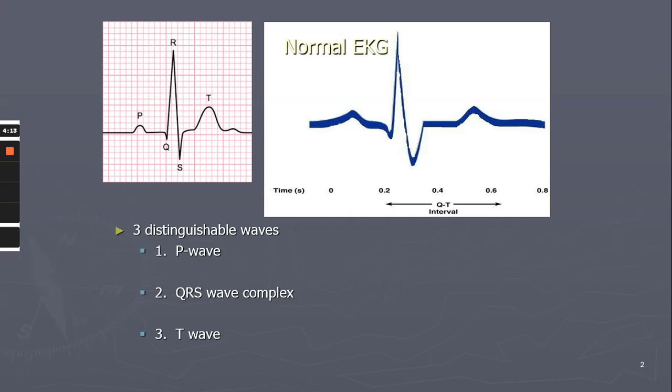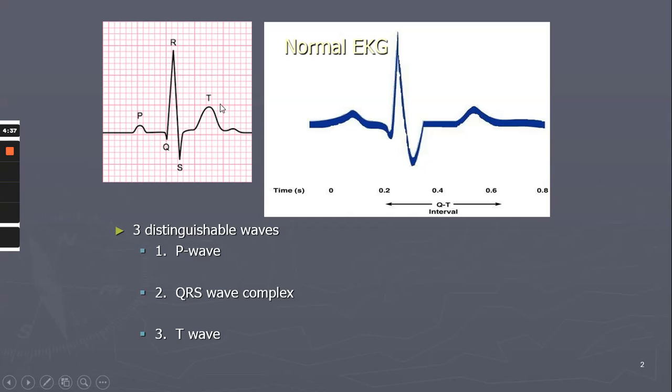That represents ventricular depolarization, when the ventricles depolarize. So we're going to imagine the action potential spreading throughout the ventricles, and it's going to get those ventricles to do something. What is it? To contract. Very good. It's going to get those ventricles to contract.